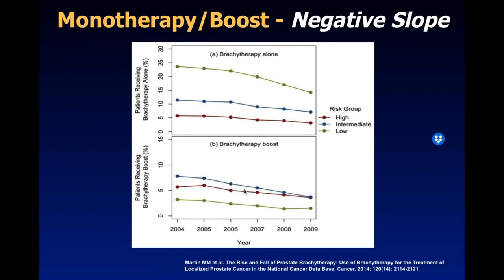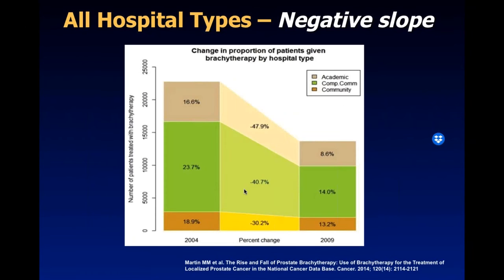And a lot of that is because of active surveillance. If you look at the brachytherapy boost, we're seeing a decrease in utilization in intermediate risk patients. And more specifically, the slope is a more negative slope across the board as we start looking at monotherapy in these intermediate risk patients versus brachytherapy boost.